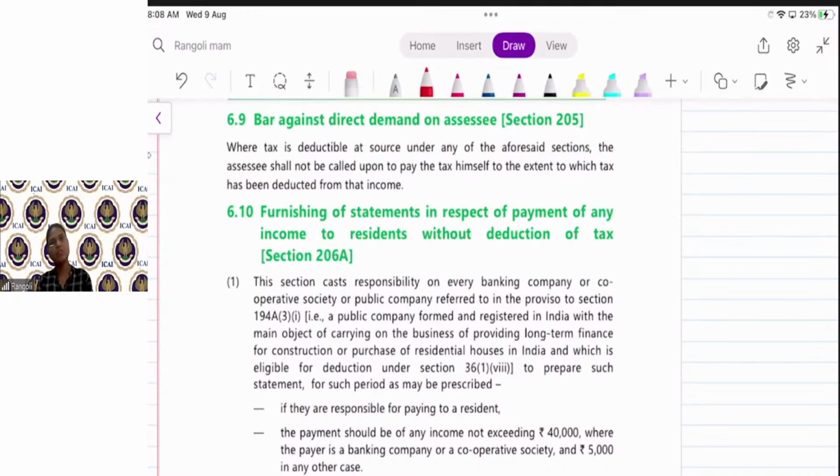Even if TDS is not required to be deducted, the bank needs to provide this information in the statement that this amount of interest is earned by Mr. X or Mr. Y or any person.